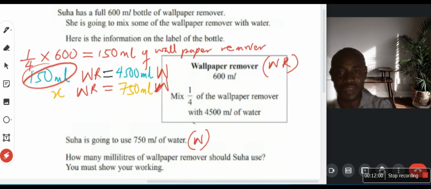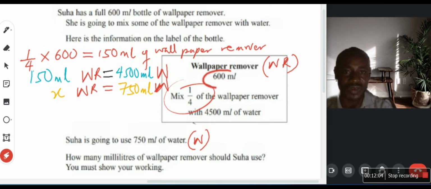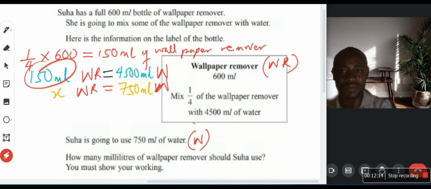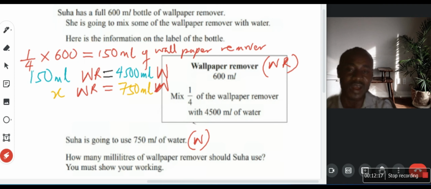So 150 that we have found, because 1/4 of 600 is 150, and that 150 is used with 4,500 milliliter of water. So X for 750 that we are given of water.